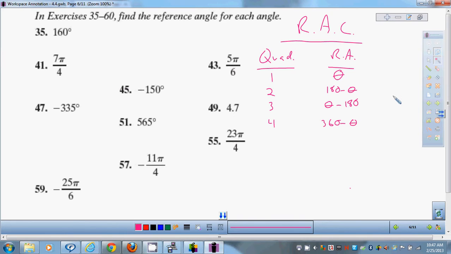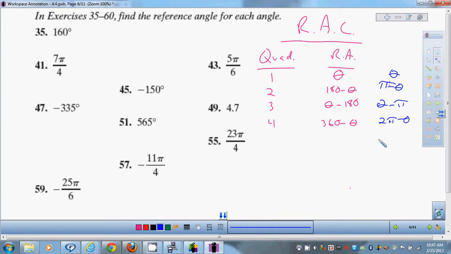Theta, pi minus theta, theta minus pi, and 2 pi minus theta. That is the exact same formula, but in radians. You will have to find coterminal angles for most of these first. You have to find your coterminal before you can figure out what quadrant you're in.